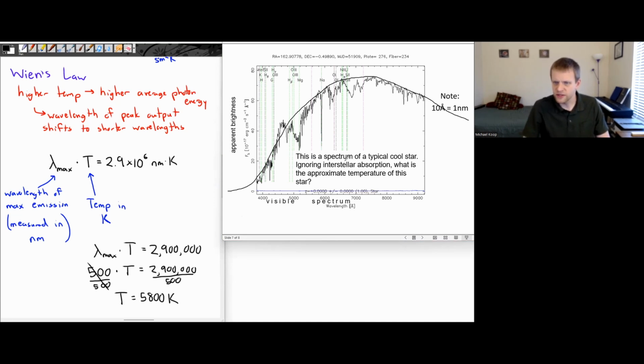But we can look at this and try to identify that point of peak emission. And if we know that wavelength of maximum emission, we can figure out what the temperature of this star is.